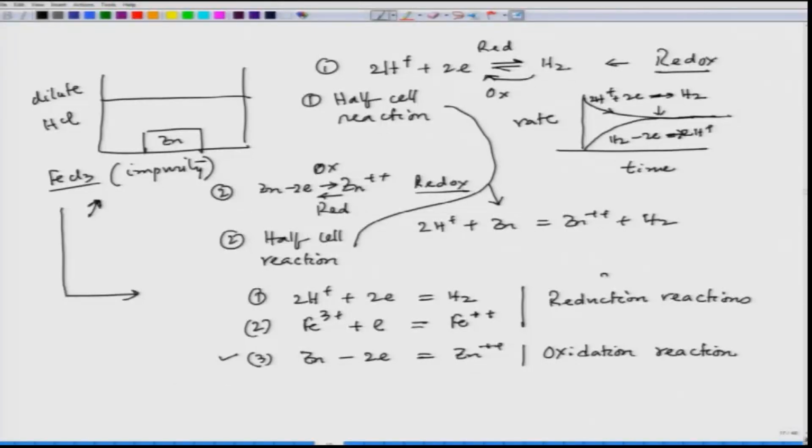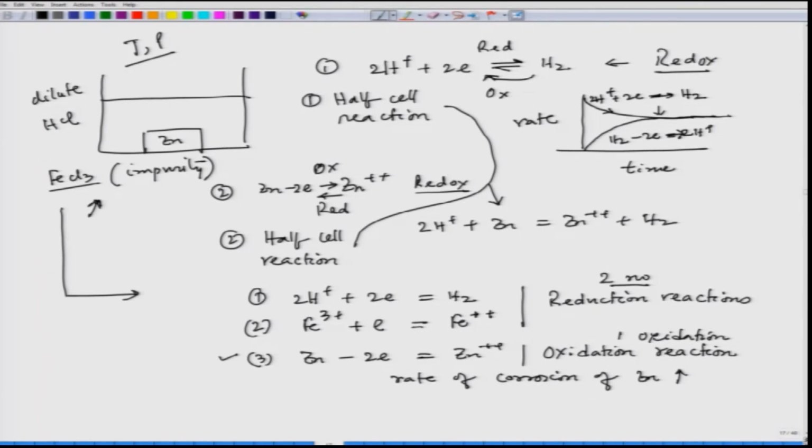So, we have a system with multiple reduction reactions, here two reduction reactions and one oxidation, and that would increase the rate of corrosion. Exactly that is observed when we have zinc in a solution of dilute HCl with a little bit of FeCl3 impurity. And of course, temperature and pressure are both maintained the same.